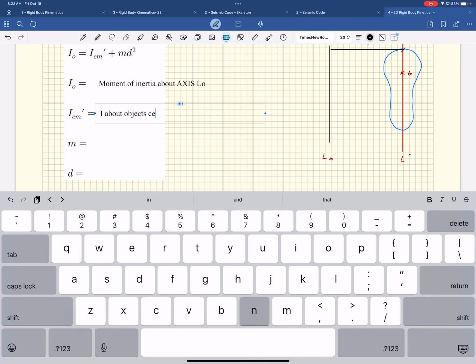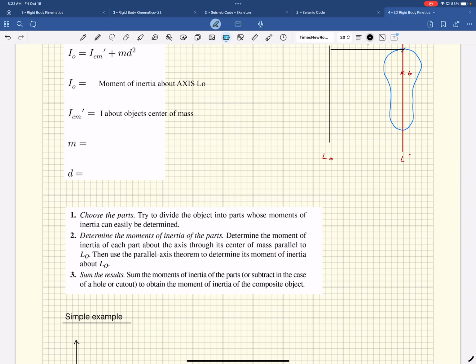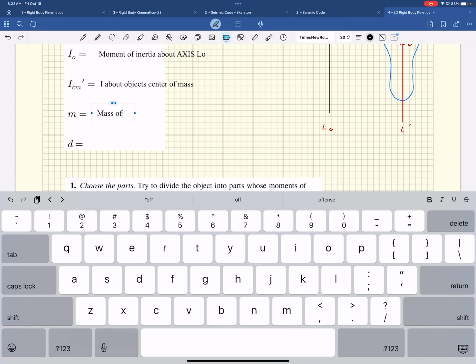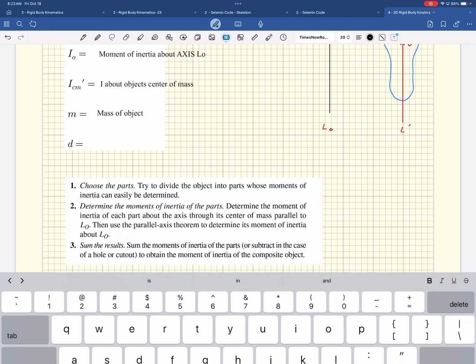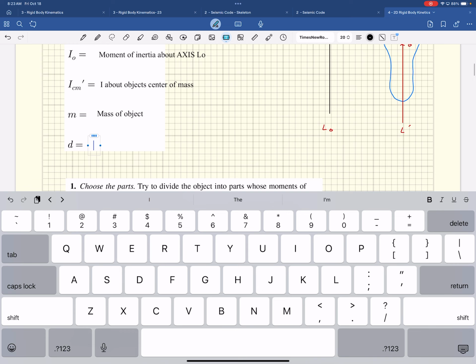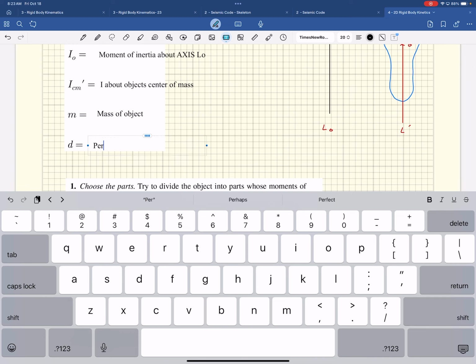Object center of mass. The center of mass obviously denotes that, but also the prime denotes it as well. m is the mass of the object. We'll apply this in a second on a couple different ones. And then d is the perpendicular distance between parallel axes.